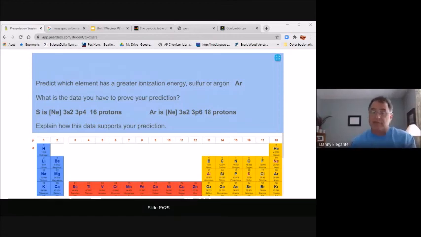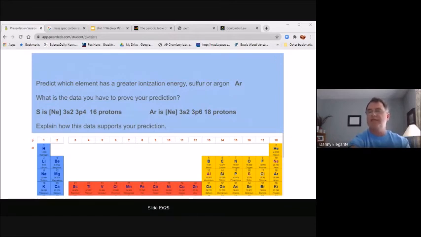That's a true statement. I have no problem with what you're saying. I do want you to think about, though, number of protons and number of electrons, because it's the protons that attract the electrons. And it doesn't matter what periodic trend you're talking about, pulling on the cloud of electrons or ionization energy or electronegativity, it's all about protons and electrons.